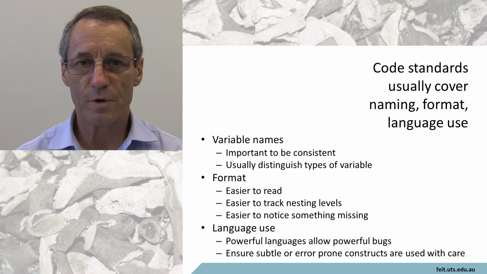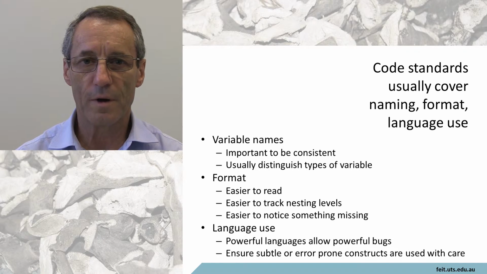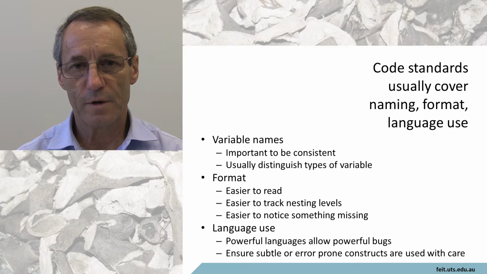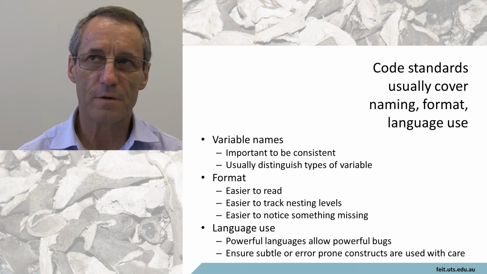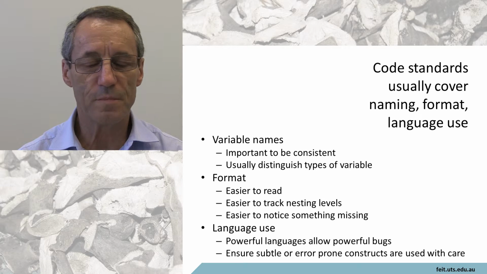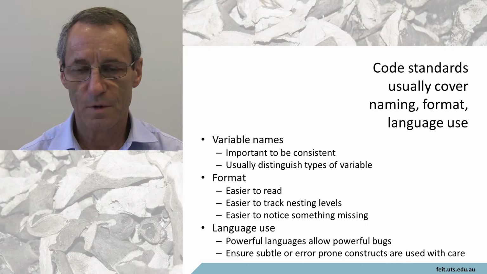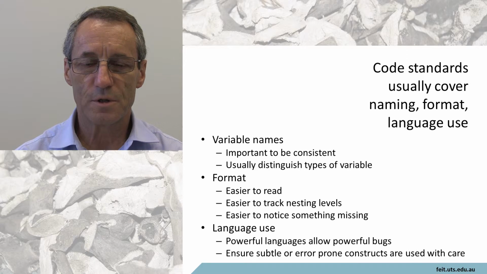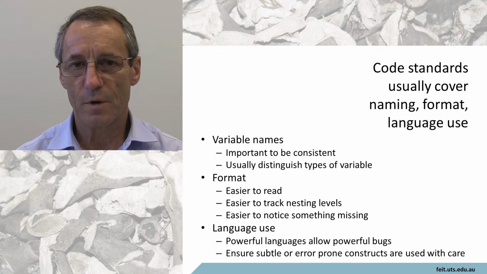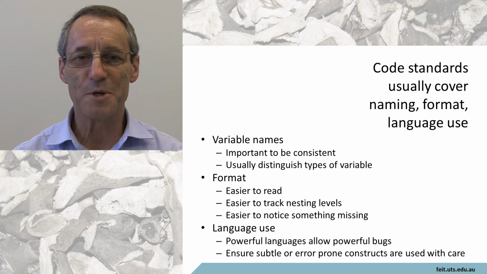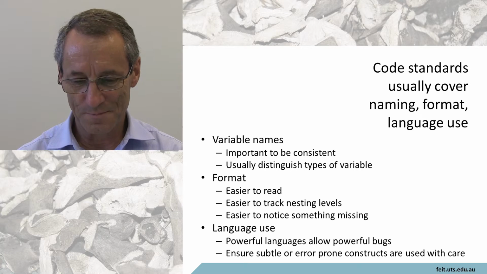Memory leaks were infamous, and it has been noted that languages that automatically take care of allocation and garbage collection have something like 70% fewer errors than languages that don't. So use of the language is usually covered by the standards, and it is not to be a nuisance, it is to keep you out of trouble.